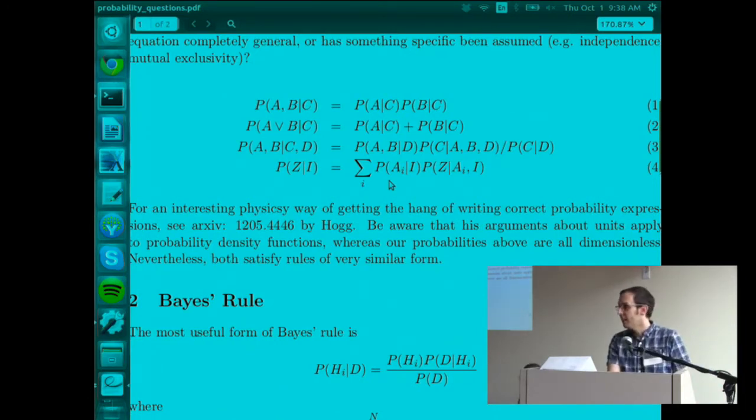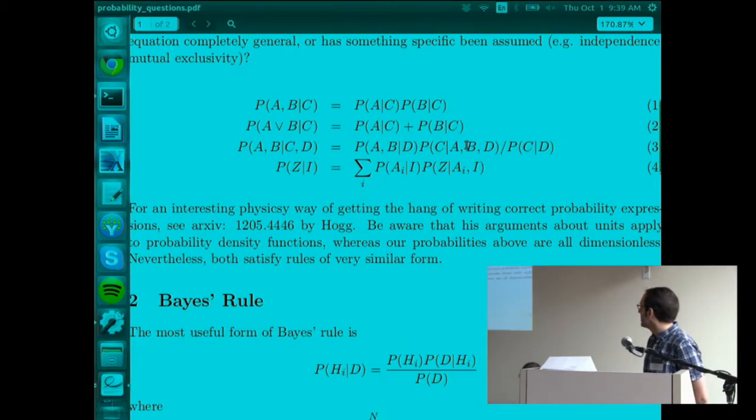Yeah? You just said that P of C given A and B, this one, 9-3, was a likelihood. But you'd be talking about a probability distribution. So what's the difference? At the moment, I'm not talking about probability distributions, just probabilities.